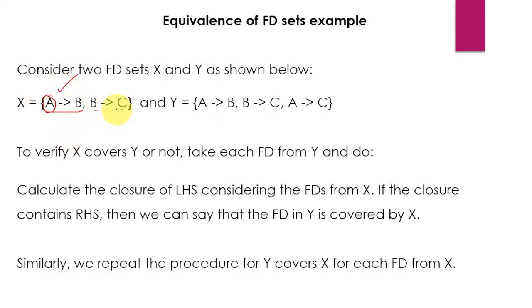What about this one? Again, calculate the closure of B using this one. From B you will get C. So C is there in the closure. This is also covered, so we can say that Y covers X. Since X covers Y is true and Y covers X is true, we can say that these two sets of FDs are equivalent. This is how you find whether two sets of FDs are equal or not.